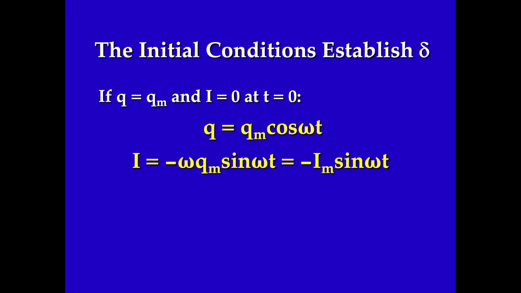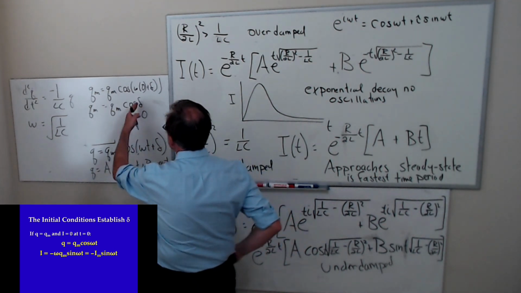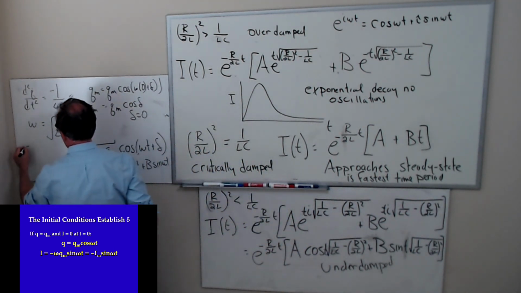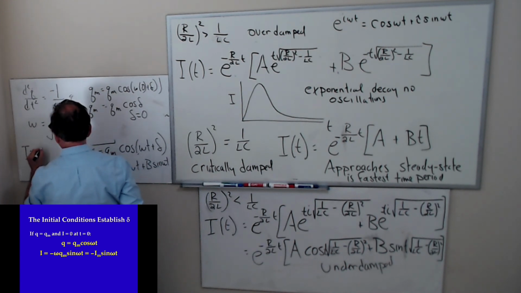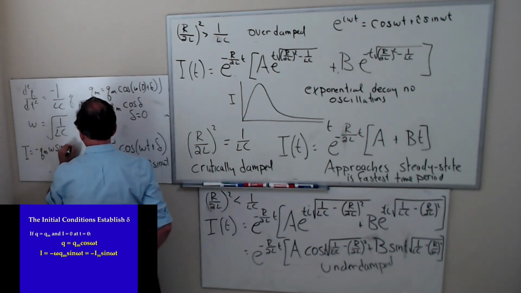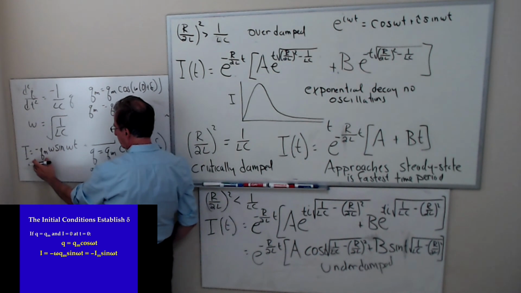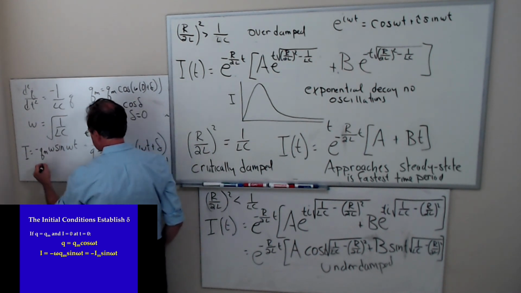So what about I? I is the derivative with respect to time. We know it's 0, so notice when t equals 0, this whole thing is 0. So this is I max.